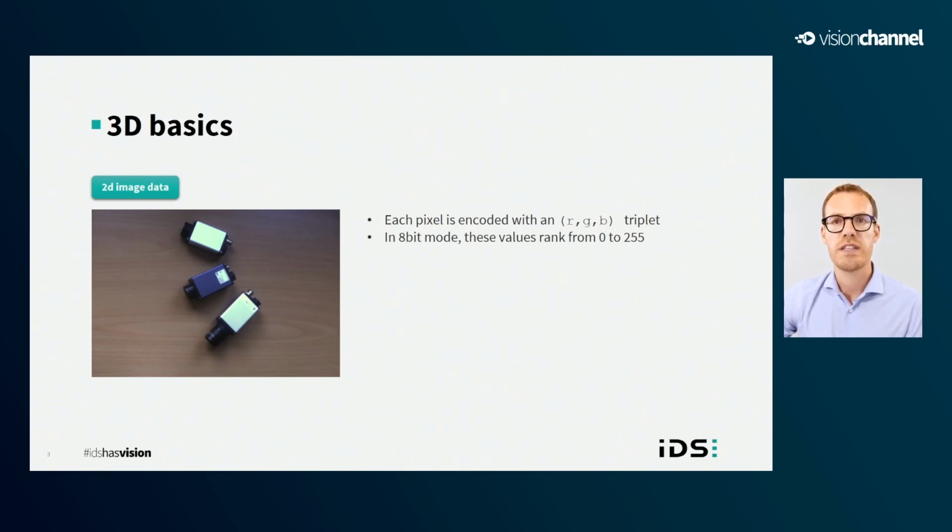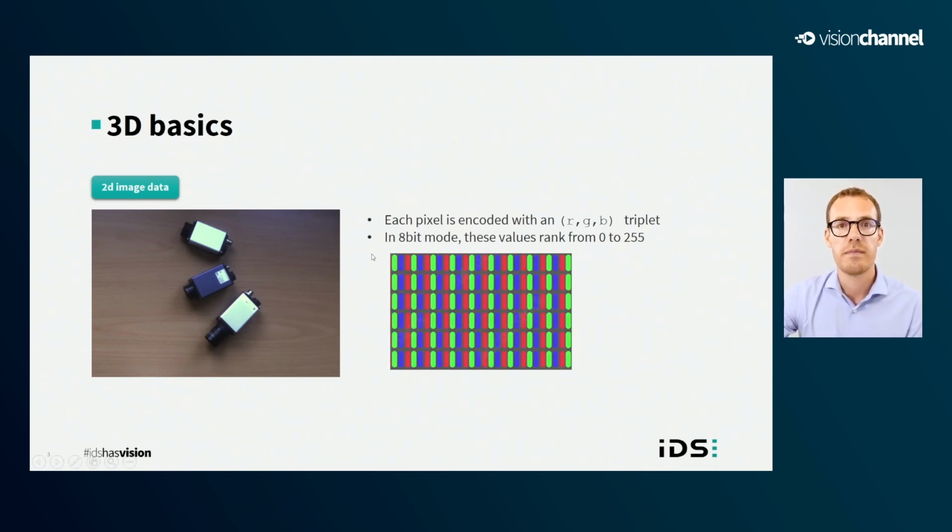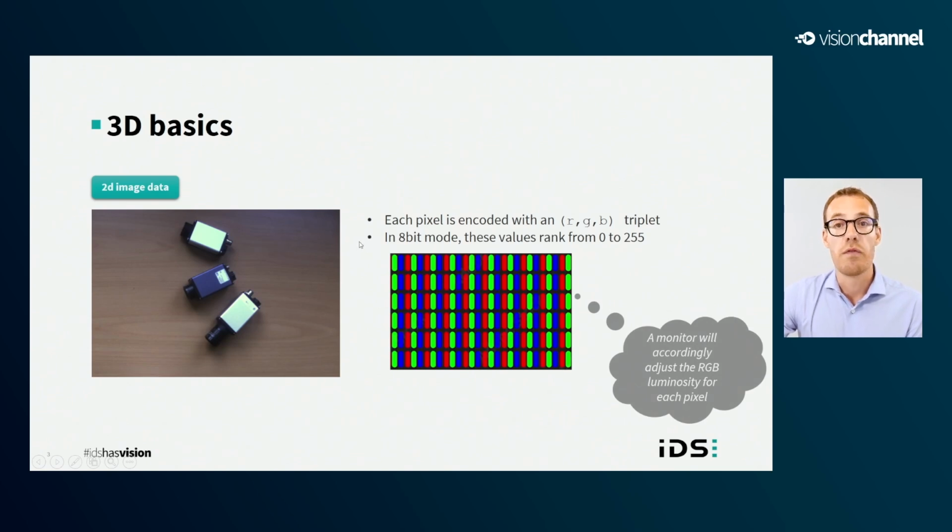These values will typically range from 0 to 255 for an image that is encoded in 8 bits mode. At the monitor level, each pixel is made of 3 LEDs. One is red, one is green, and the last is blue. The intensity of each LED will be adjusted according to the pixel values encoded in the image.